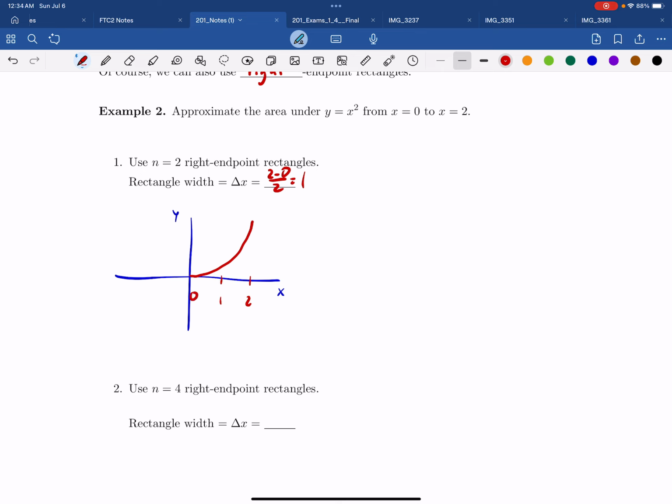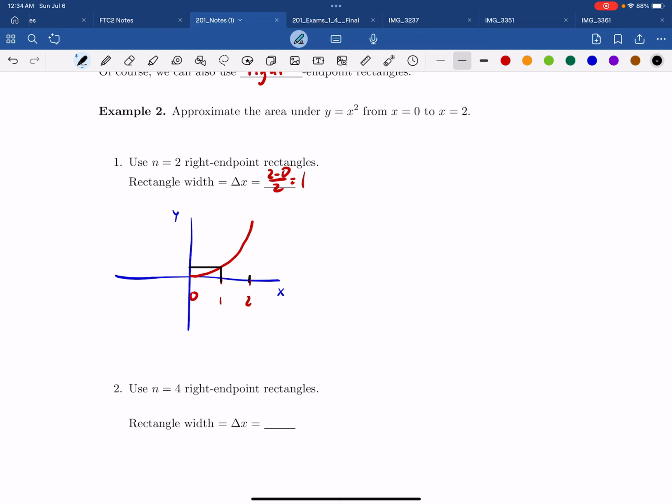Except at this point, we're going to be using the rightmost point of our interval to determine the height of our rectangle. So from the interval from 0 to 1, we start at 1, we go up and up until we hit the curve. That's the height of our rectangle.